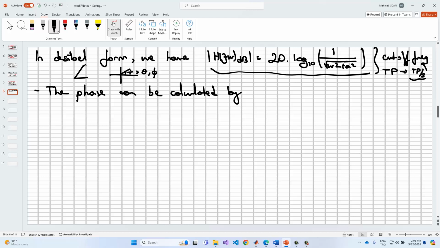In the S-plane we have the imaginary part and the real part, and so this phi can be calculated with the tangent formula. The tangent phi is equal to the imaginary divided by real.